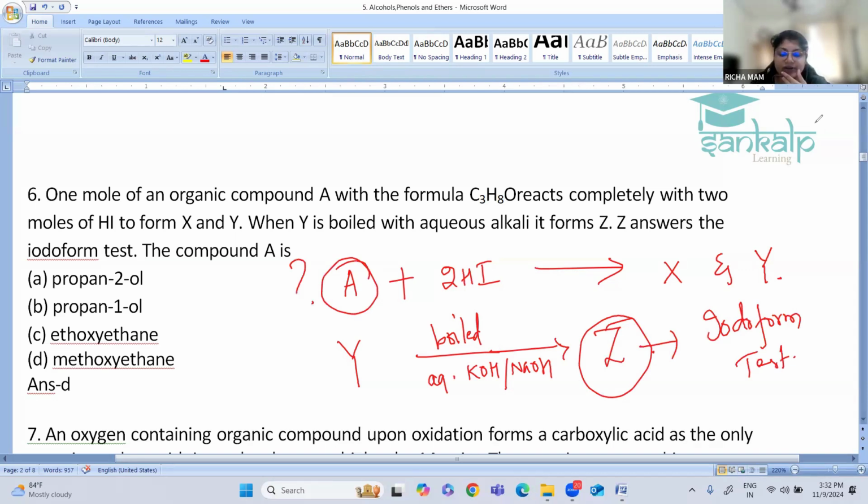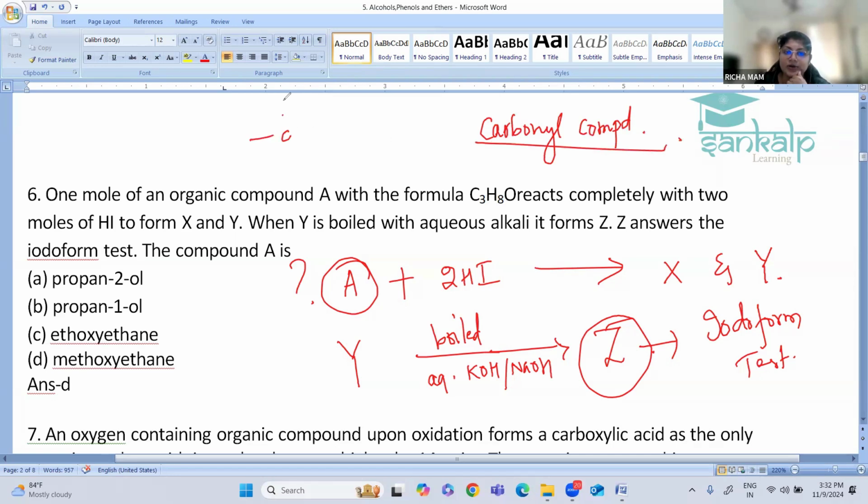So first tell me what is the iodoform test. Who answers the iodoform test? Which compounds, which functional group will answer the iodoform test? Any idea? The iodoform test is used for the presence of carbonyl compounds.